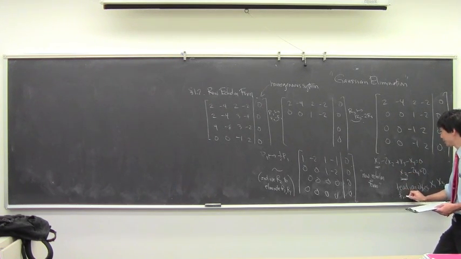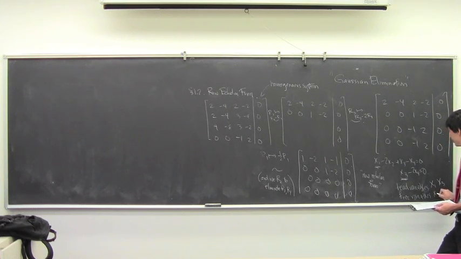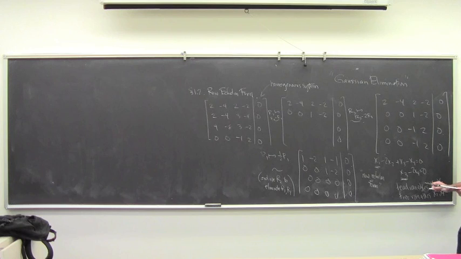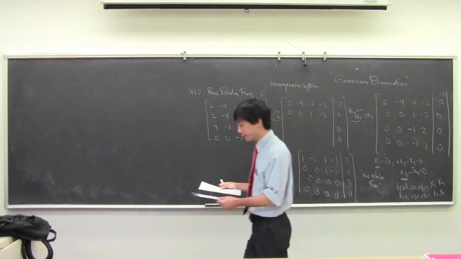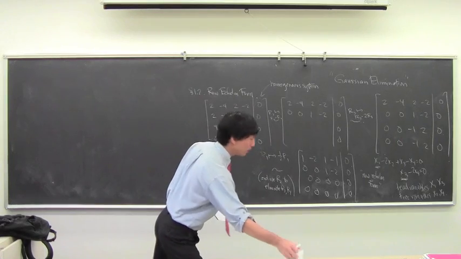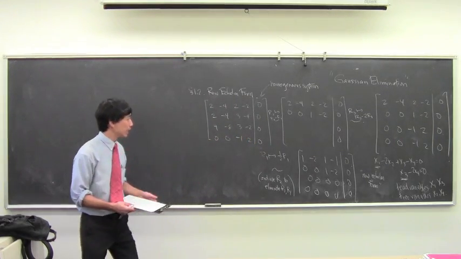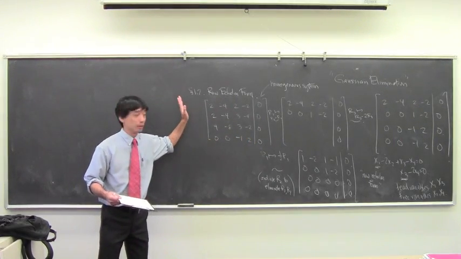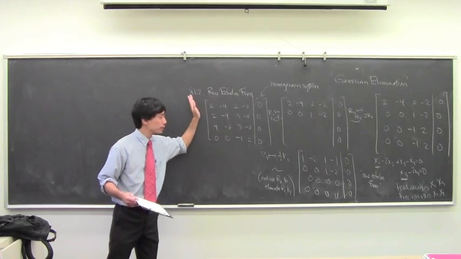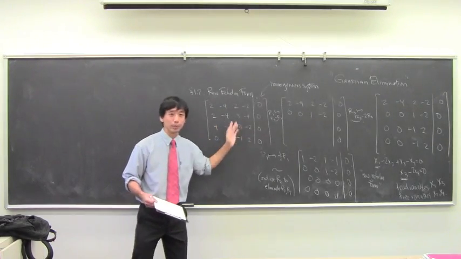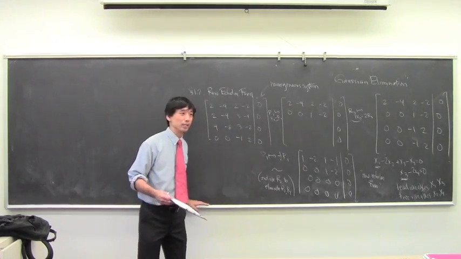The free variables are x2 and x4. Those are just words. In any case, what you do is you take your matrix and reduce it down to something simpler, whose solution set is easy to write down.